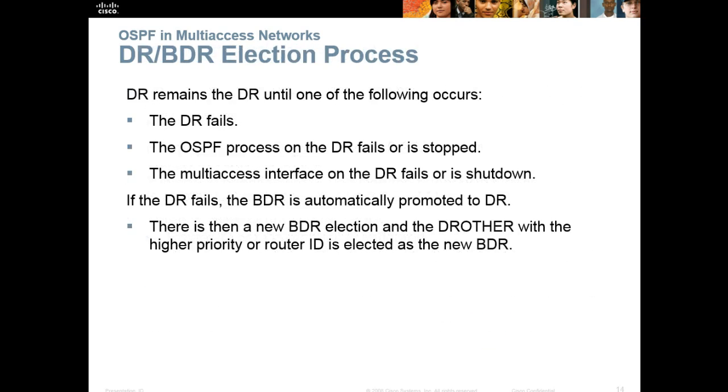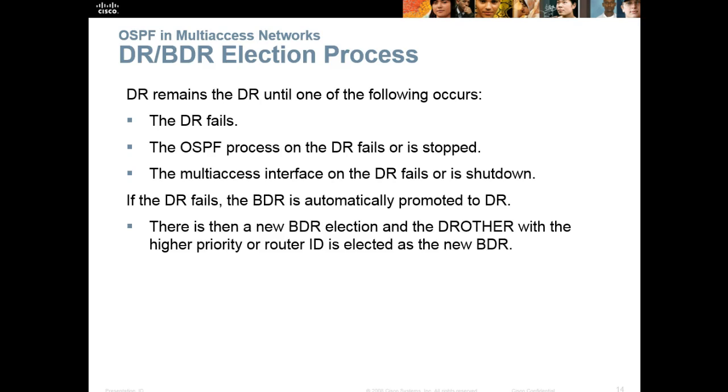So, the DR-BDR election process comes up, and if the DR fails, well, it has to be a reboot. It's not like spanning tree where if there's a change it updates. The DR and BDR are there, they're in place. They're not going to change until the DR fails, which usually means being taken offline. All right. For some reason it comes down.